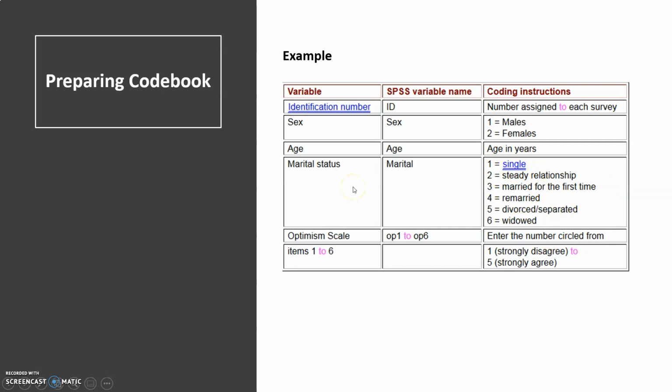Marital status we will code into 6 categories, sex into 2 categories numbered 1 and 2, and for items 1 to 6, which might be according to satisfaction level or evaluation level, of the ordinal data type, we code 1 until 5 to represent strongly disagree to strongly agree.